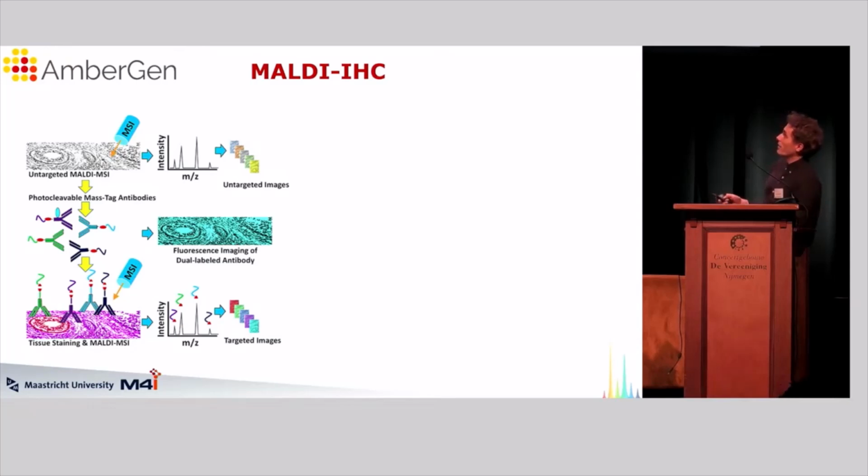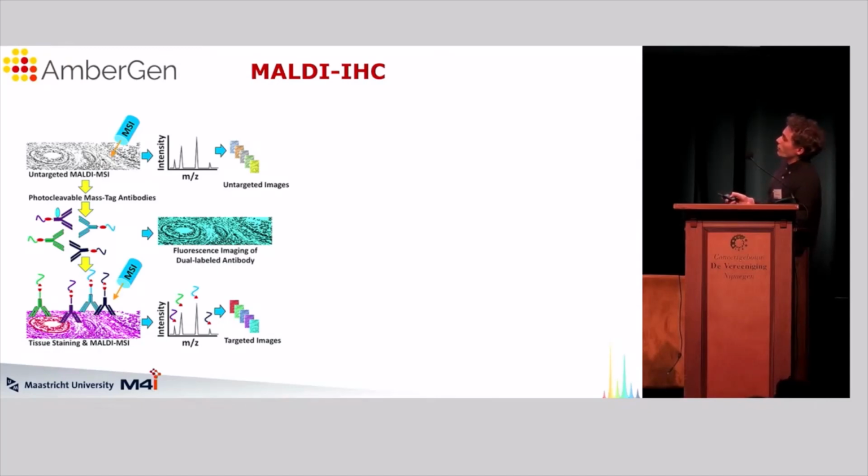Now, what Ambergen has developed is this method of MALDI-immunohistochemistry, where we combine MALDI imaging with these photocleavable mass tag antibodies, which are antibodies linked to an ionizable mass tag here, as well as a fluorescent tag.